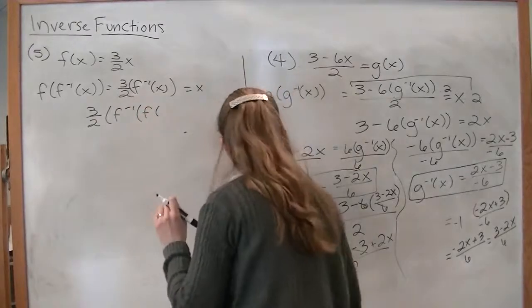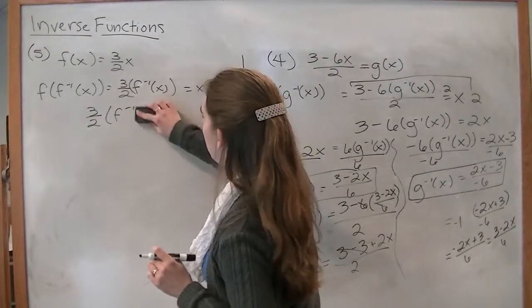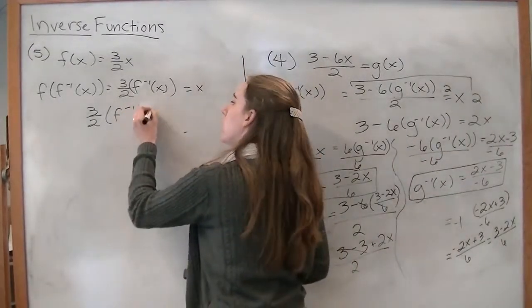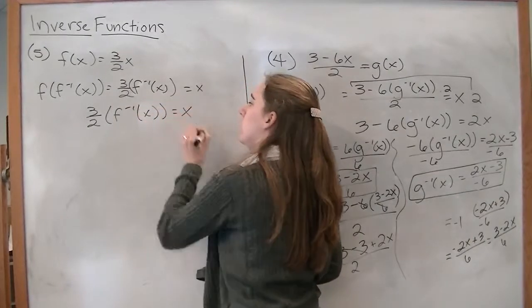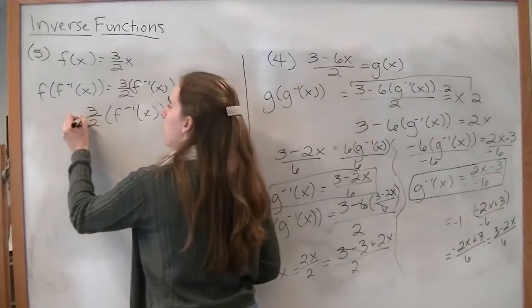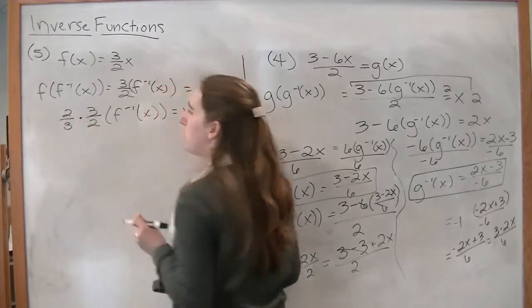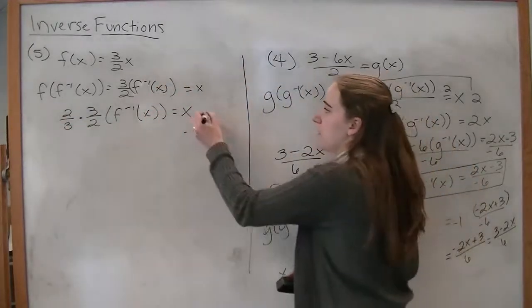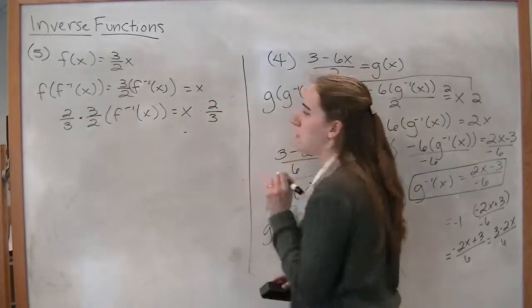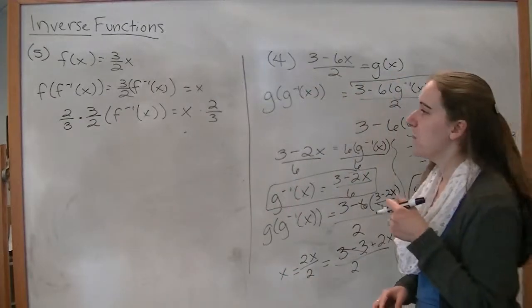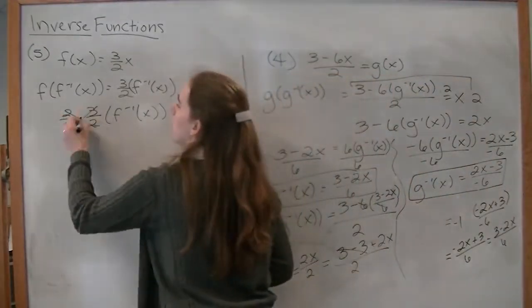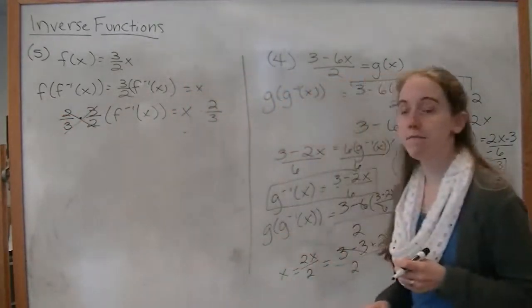Oops. Putting too many f's in here. And I propose that if we take the reciprocal of 3/2 and multiply times on both sides, that these will actually cancel and become 1.